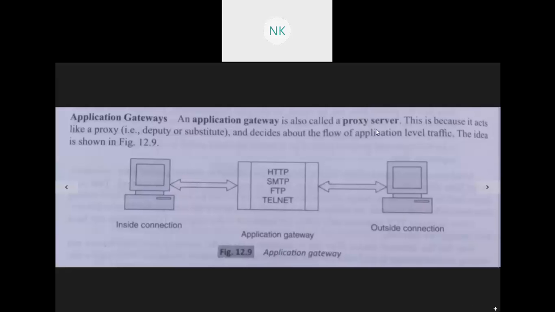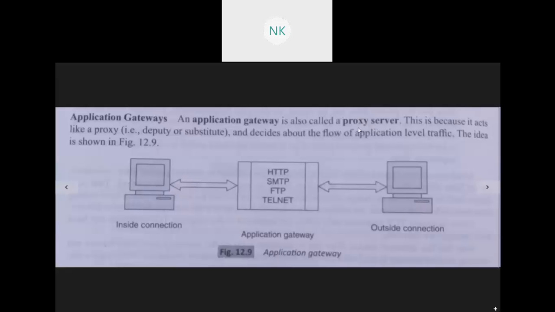Okay. So now let's see the working of the application gateway. The application gateway is also known as proxy server. And why is it known as proxy? Proxy means a substitute. It is used in someone's place, right? So that's why it is known as proxy.